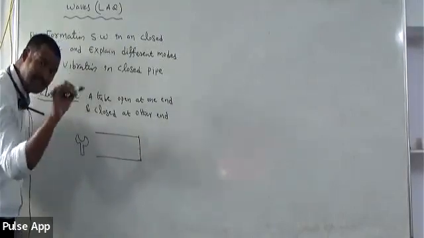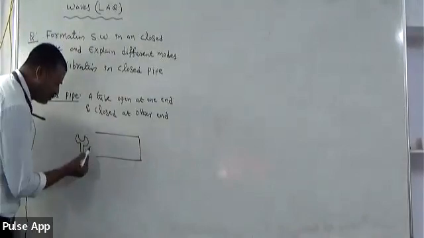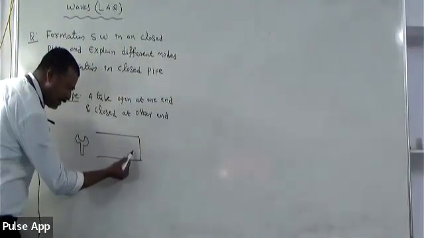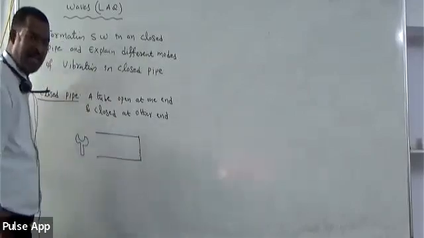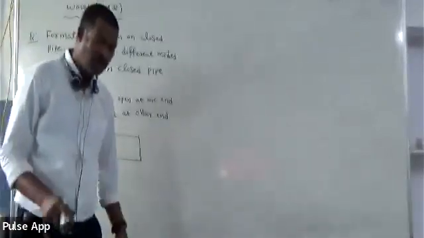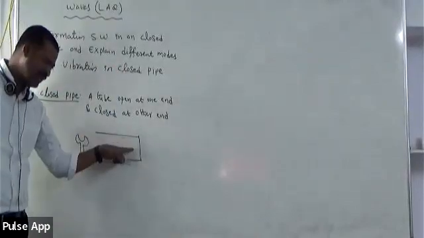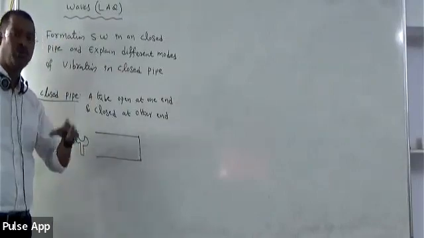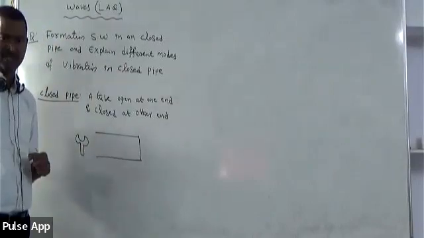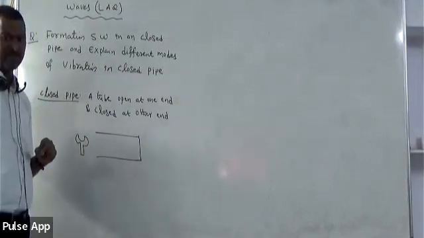That is considered the incident wave. These pass into the pipe and strike the closed end, and are reflected from the closed end. This reflected wave from the closed end and the incident wave are superimposed on each other and form a resultant stationary wave.